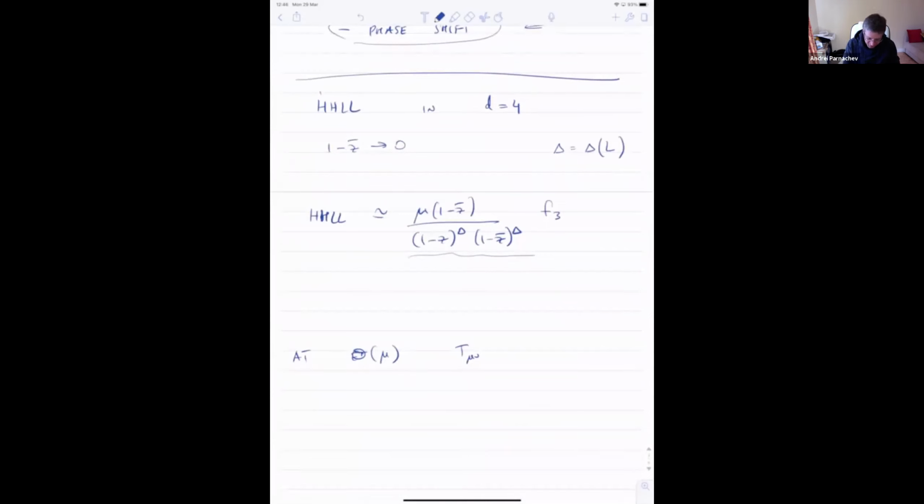Now, the next term is going to be mu squared times 1 minus z bar squared. This is a statement that we're talking about twist 4 operators.